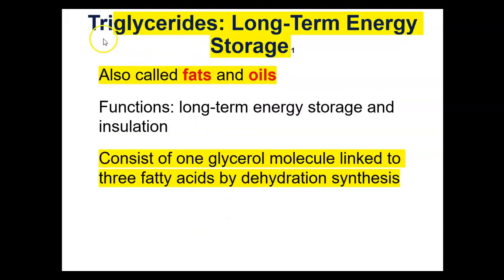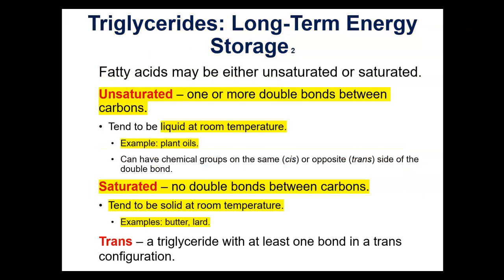All right, so lipids that are called fats and oils are triglycerides, and they're for long-term energy storage. They consist of one glycerol molecule linked to 3 fatty acids. If it is an unsaturated fat, then there are one or more double bonds between carbon atoms in the hydrocarbon chain. And the unsaturated fats are liquid at room temperature for the most part.